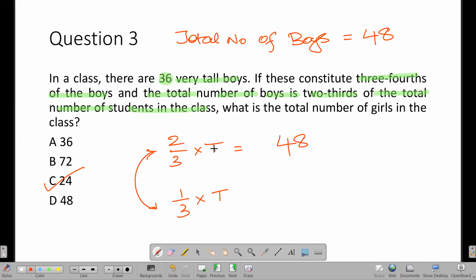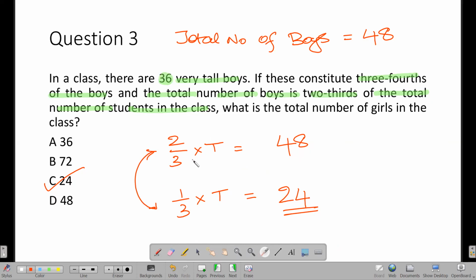So if 2/3 of the total is 48, 1/3 of the total will be how much? That corresponds proportionately to 24. You just bring this 2 to the denominator, so 1/3 of the total will be 48/2. You will get it as 24. Like that also you can do this question. So either way around, option C will be the final answer.